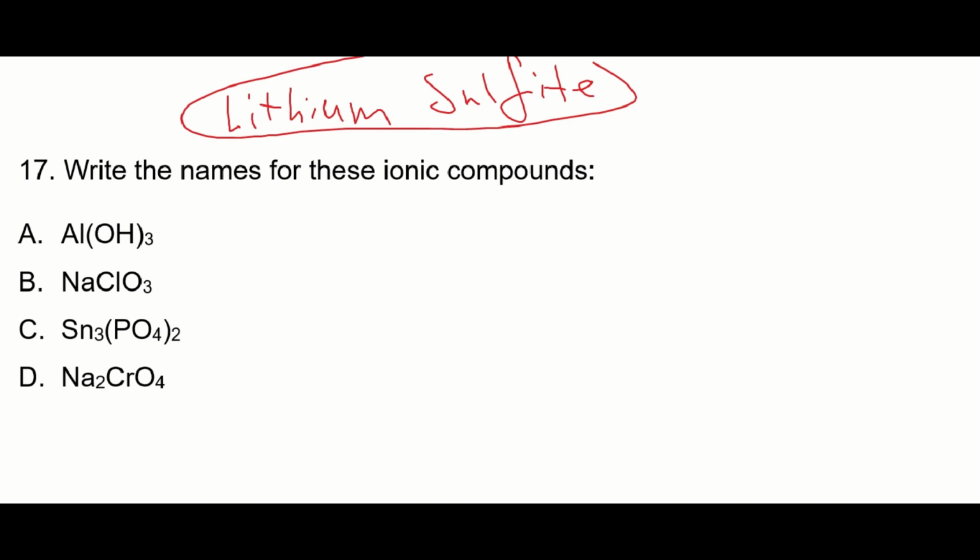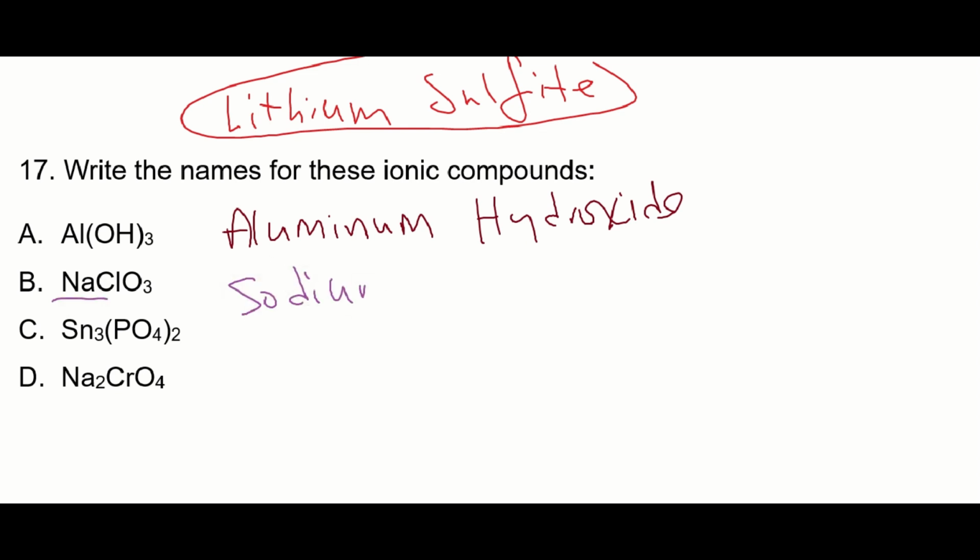Oh man, when's it going to end? 17, aluminum is Al, aluminum, OH is hydroxide, sodium, chlorate, tin. Oh, here's a transition metal with multiple charges. So here, all right. So that has a 3 on the subscript.